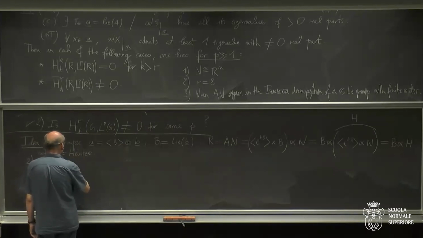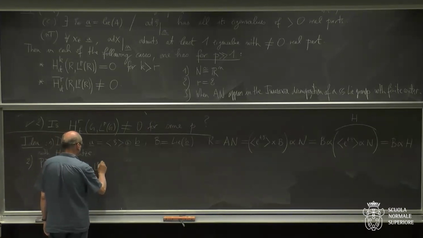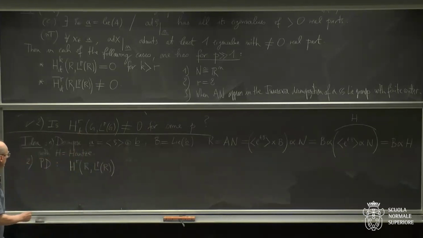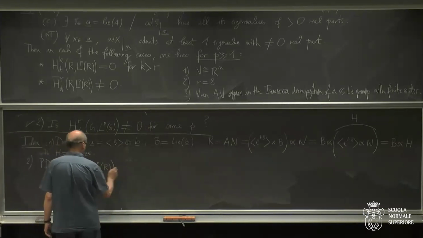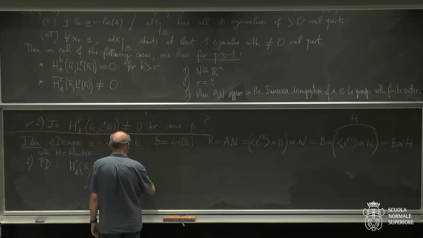So we are interested in the cohomology in degree r of R with value in Lp of R. So by Poincaré duality, this is the same as the cohomology in degree d minus r.